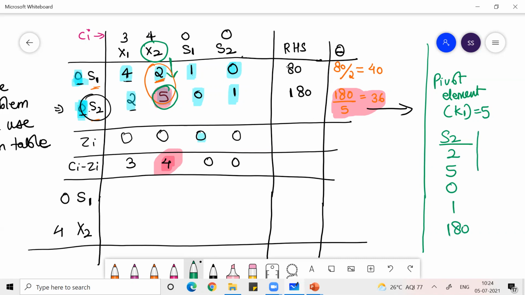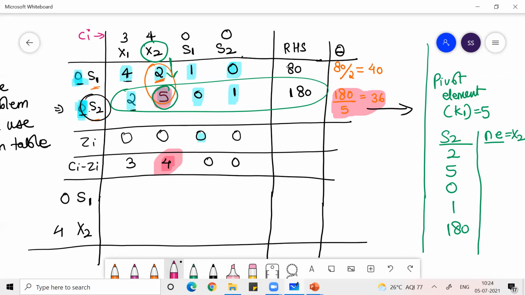The pivot element is 5, so divide each old value by 5: 2 divided by 5, 5 divided by 5, 0 divided by 5, 1 divided by 5, 180 divided by 5.